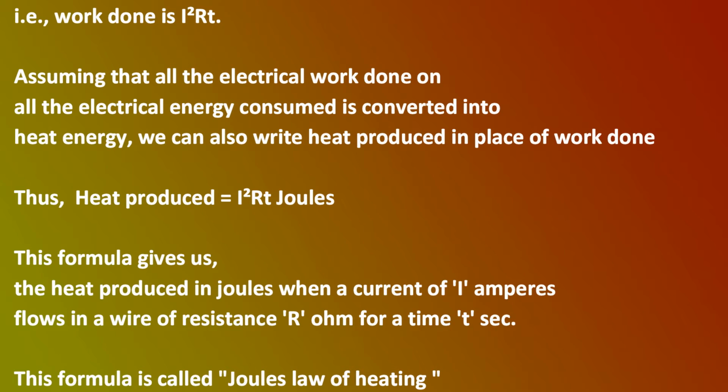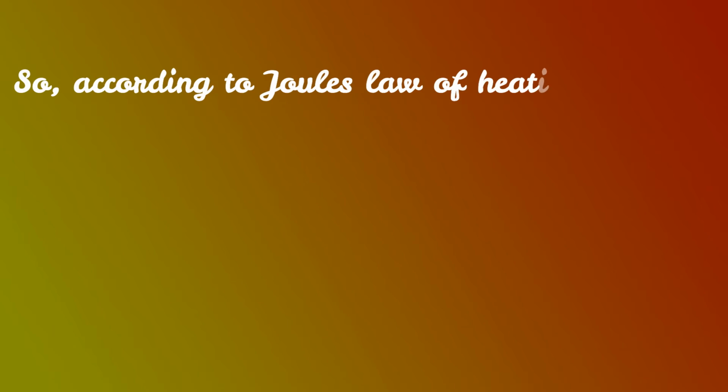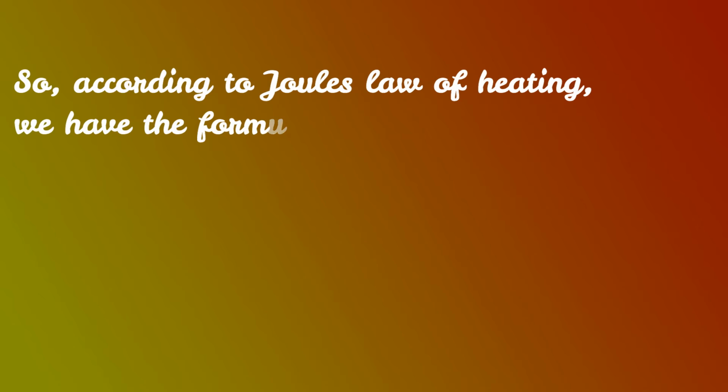This formula gives us the heat produced in joules when a current of I amperes flows in a wire of resistance R ohms for time t seconds. This is known as Joule's law of heating. So, according to Joule's law of heating, we have the formula H = I²Rt.